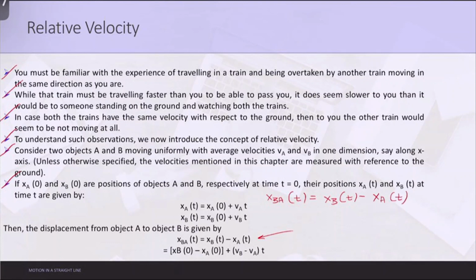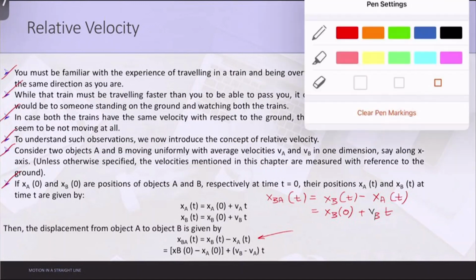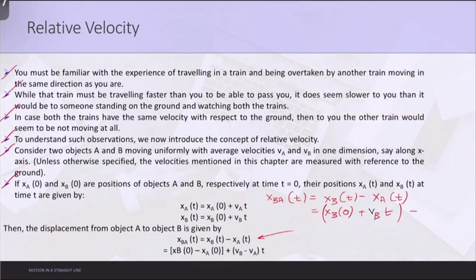Putting in these values, xB is equal to xB0 plus vB t, minus xA0 plus vA t. This can be written as xB0 minus xA0 plus (vB minus vA) t.